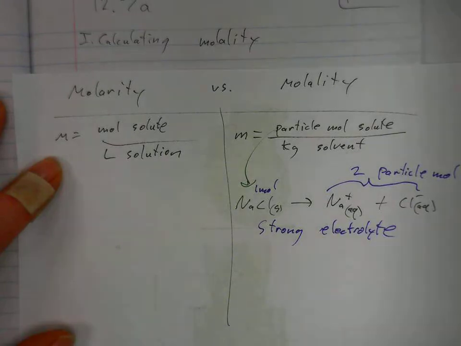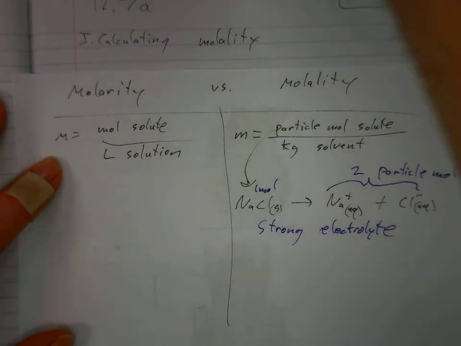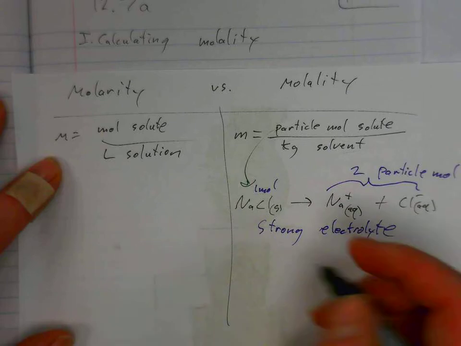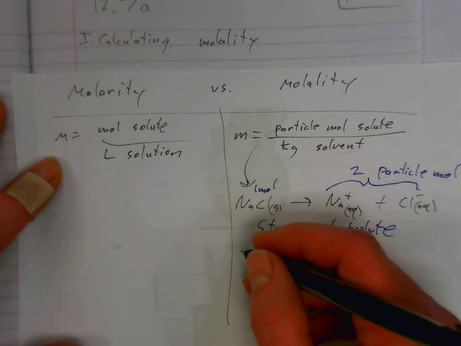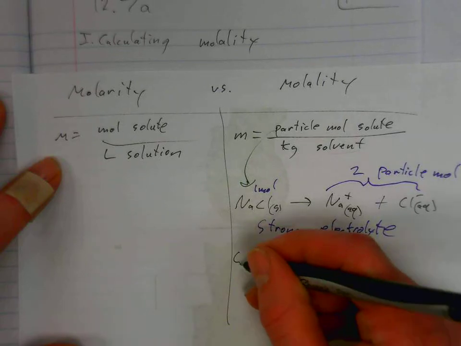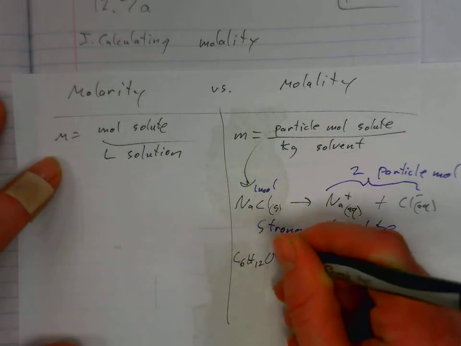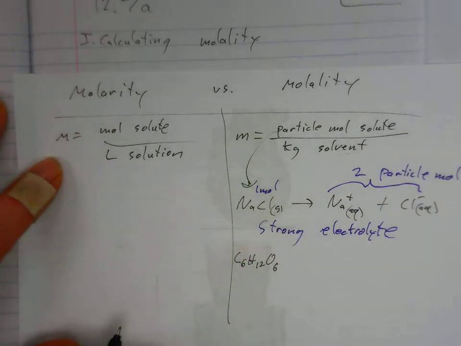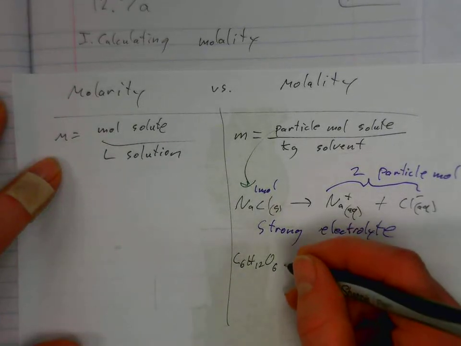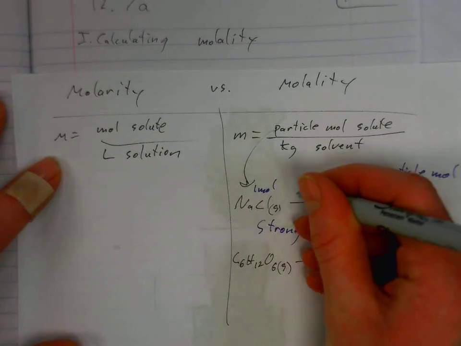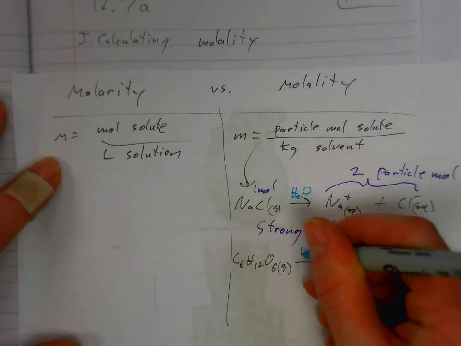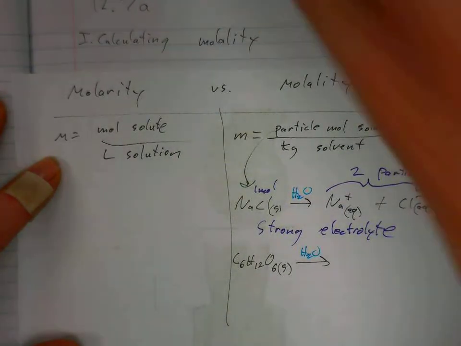Now take this other example, C6H12O6, which is the formula of glucose. Now glucose is a non-electrolyte, so when it dissolves in water, it does not dissociate. It still continues to be C6H12O6. No dissociation occurs.